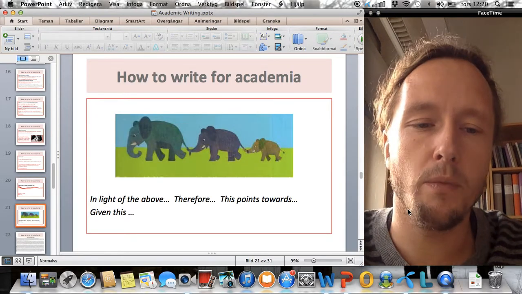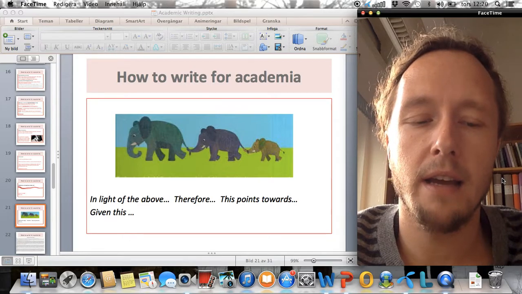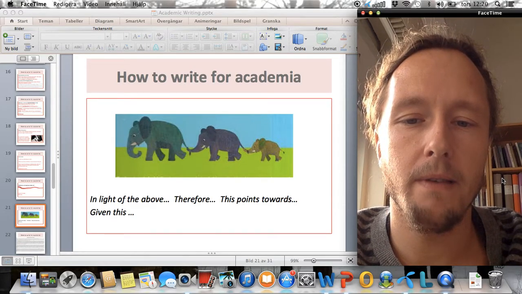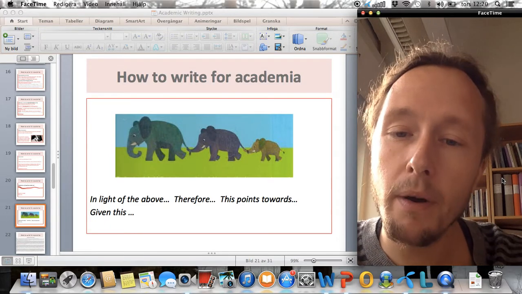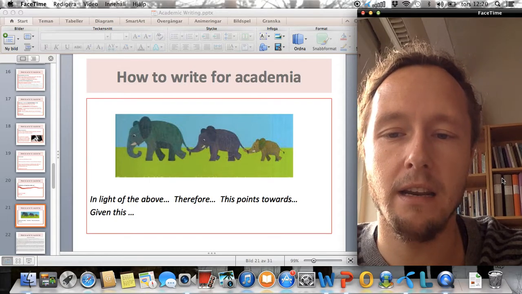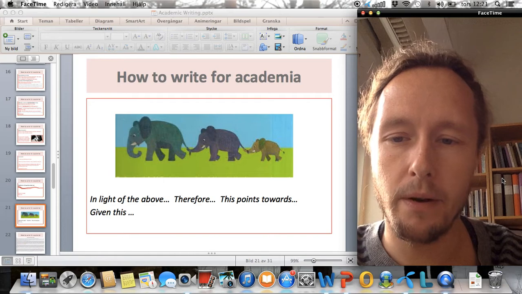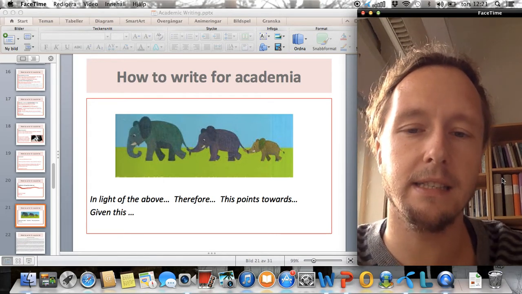Now I also say that when you write a text, you can think about a line of elephants walking, holding each other by the tail with the trunk, and you could say that each paragraph in your text is like an elephant. But what is important in these paragraphs is the tail sentences and the trunk sentences.